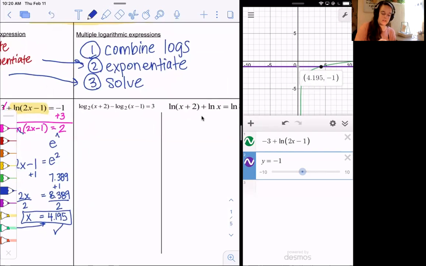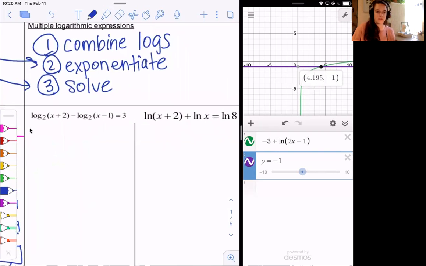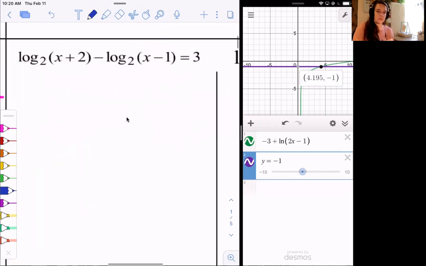All right. Go ahead and write down this first problem here. Log base 2 of x plus 2 minus log base 2 of x minus 1 equals 3. All right, since they have the same base, we're going to be able to combine them using the properties, the things that we were learning about on Tuesday.